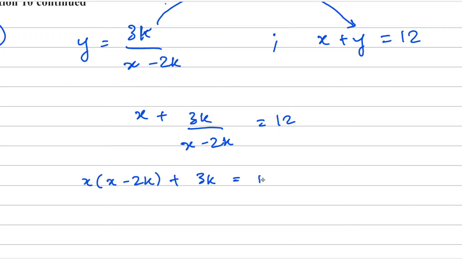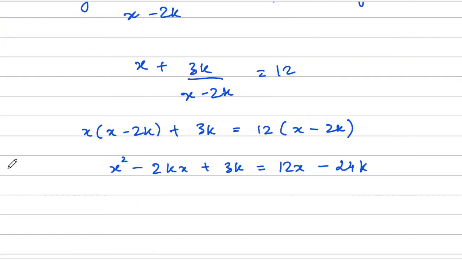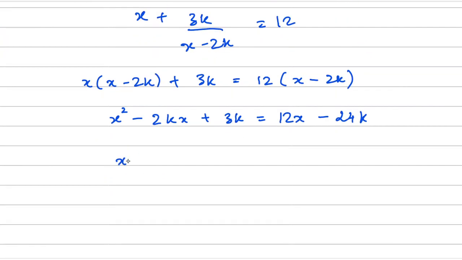So we have 12 times x minus 2k on the right side. Expanded, we have x square minus 2kx plus 3k is equal to 12x minus 24k. I'll bring all the terms to one side, keeping the x terms together, and the other terms are 3k plus 24k, that is equal to 0.